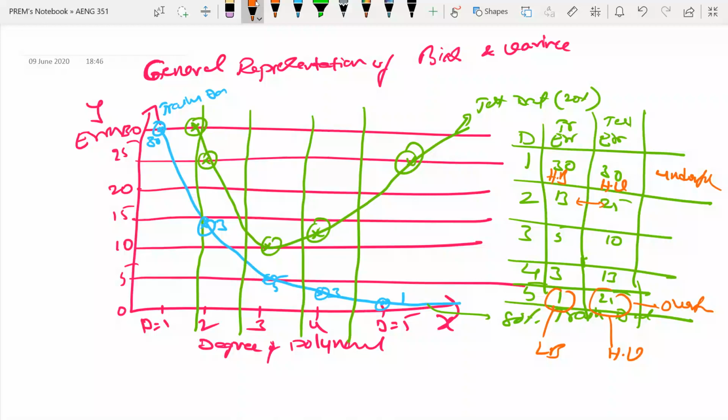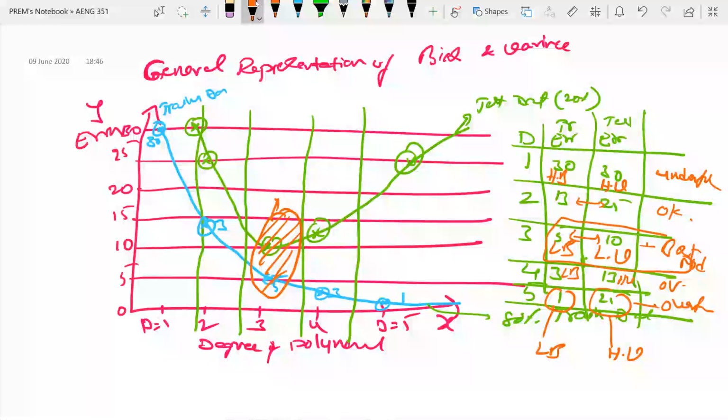The difference is less than 10% between the train dataset and test dataset. This is low bias and low variance, so this is the best model I can choose. So at degree 3, this is our model.